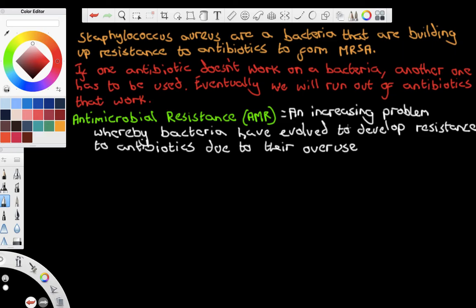So antimicrobial resistance is an increasing problem whereby bacteria have evolved to develop resistance to antibiotics due to their overuse.